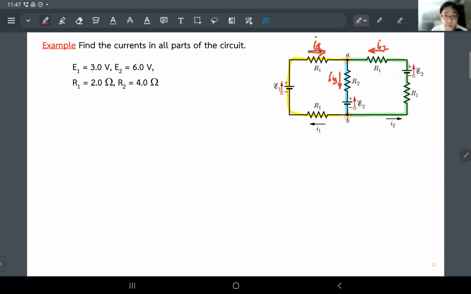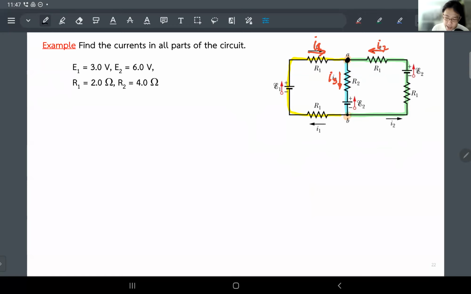Cool? All right. So don't worry about the correctness of the direction at this point, because your final answer will reveal the true direction of the current flow. Okay, cool. So with that, I can apply the junction rule right away.